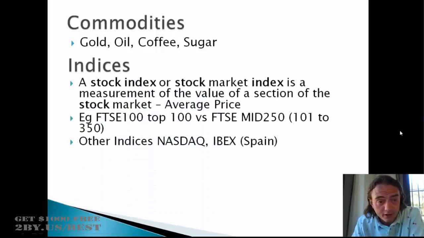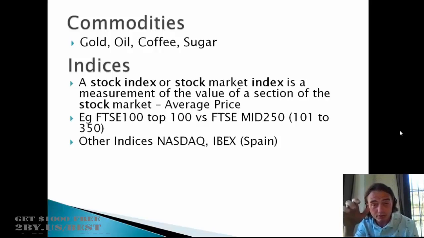options. Indices. Indices are basically a measurement of the performance of a section of a market. So the FTSE 100 is an average measurement of the prices of the top 100 companies in the London Stock Exchange.